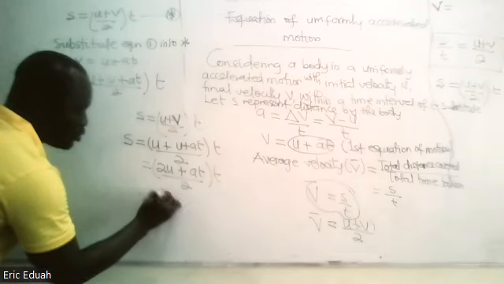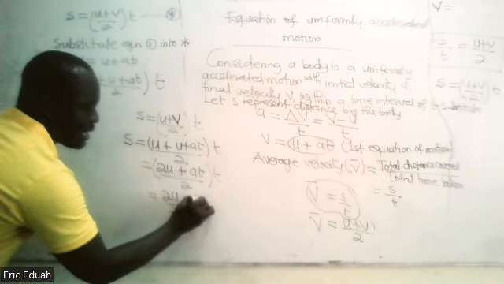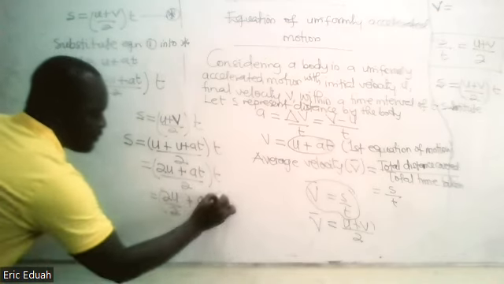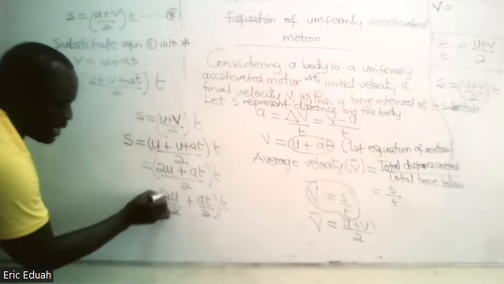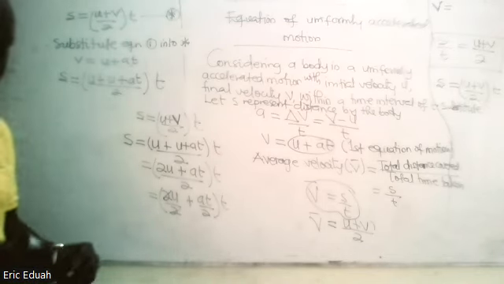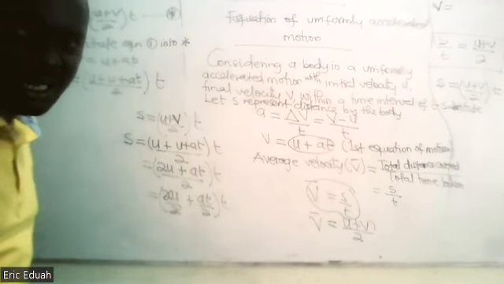So 2U divided by 2 plus AT divided by 2. I have T outside the bracket. 2 cancels 2. I can now multiply through by the T outside the bracket, isn't it?